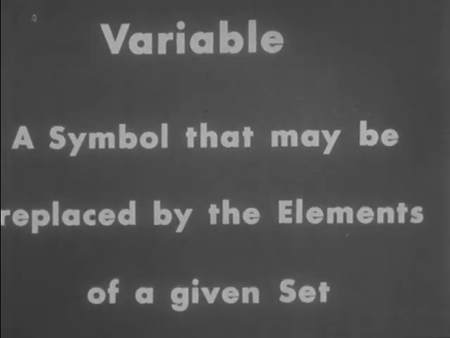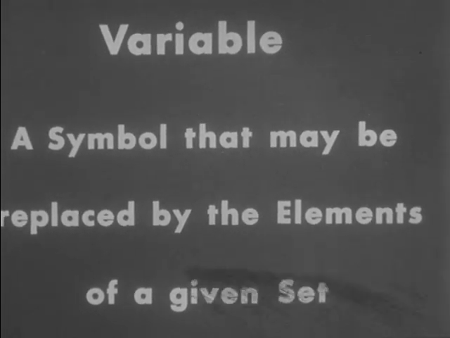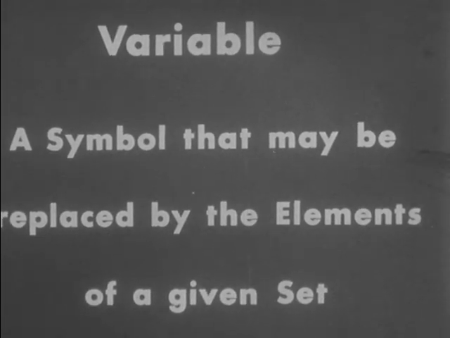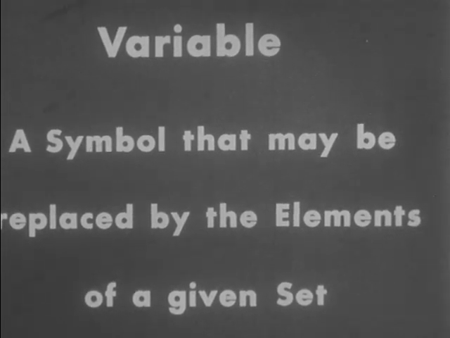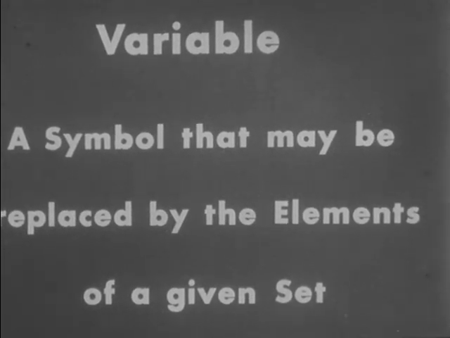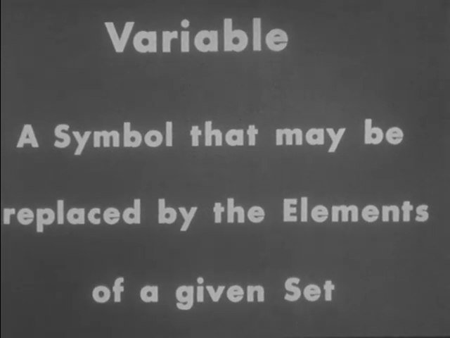The notion of variable itself is a good example of how the language of sets clarifies ideas that might otherwise be fuzzy. In Mr. Mawhinney's class, students learned that a variable is a placeholder, a symbol in a sentence that holds a place for or may be replaced by the elements of a given set.